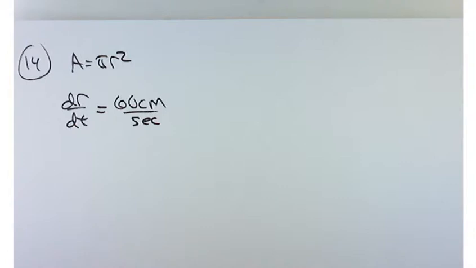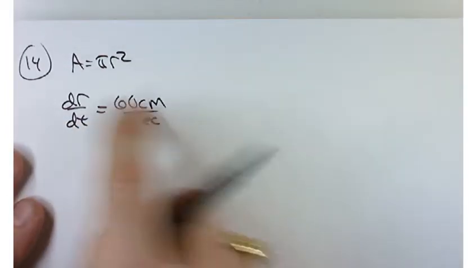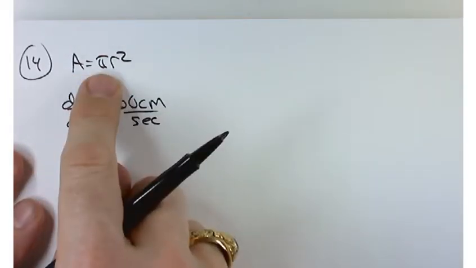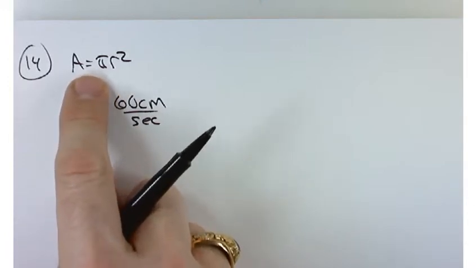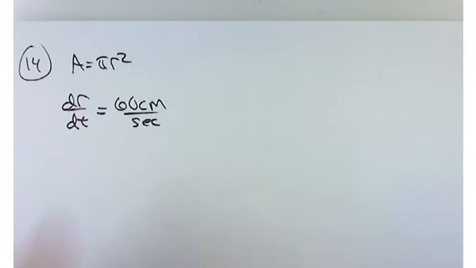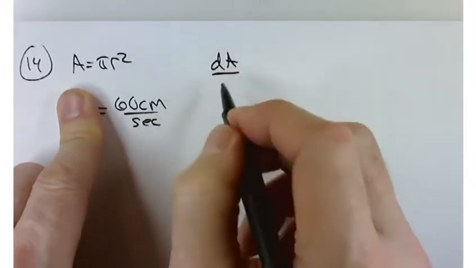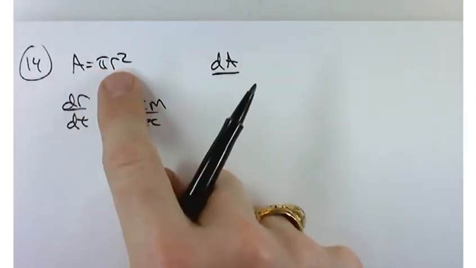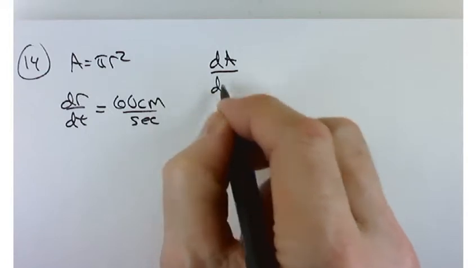Find the rate at which the area within the circle is increasing after 1 second, 3 seconds, and 5 seconds. So how do I find the rate of change of the area? I'm going to differentiate, but we have to be careful here. I'm going to differentiate not with respect to A or r, but with respect to time.